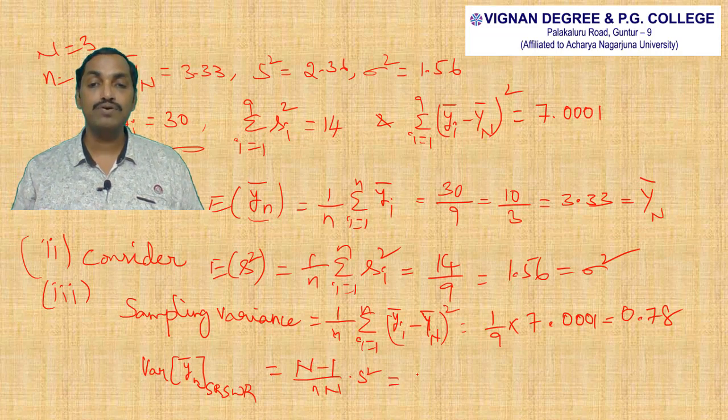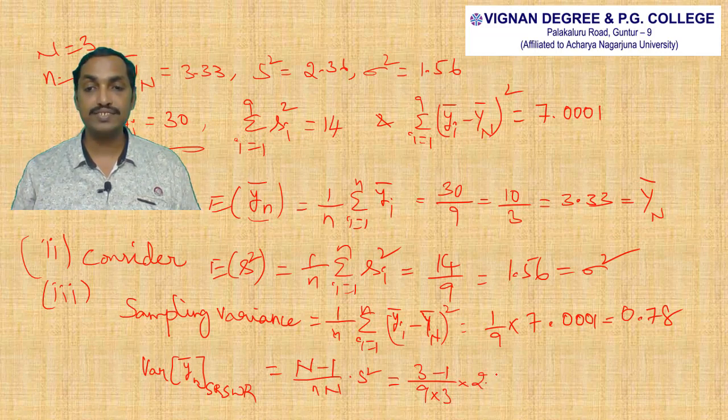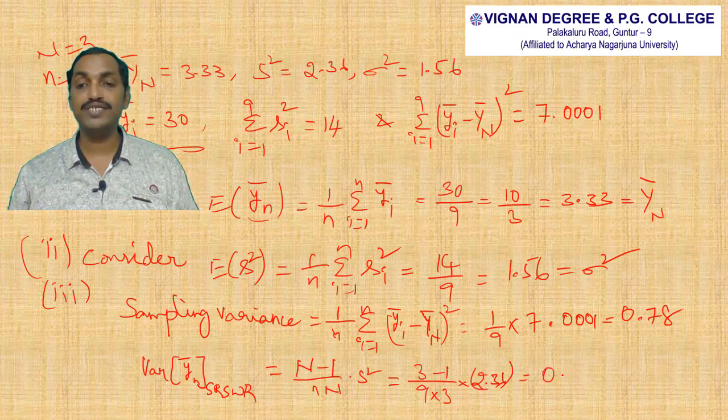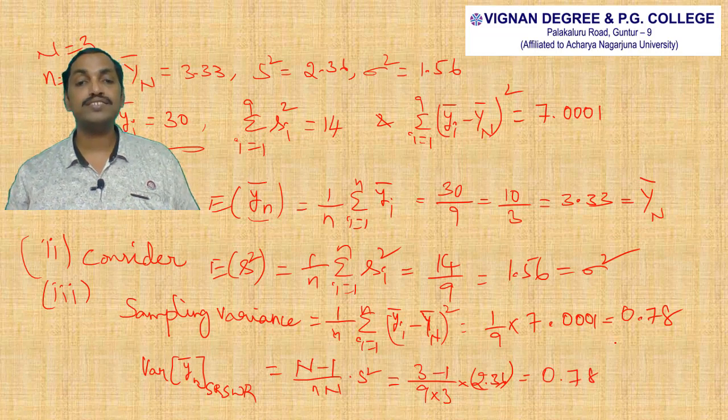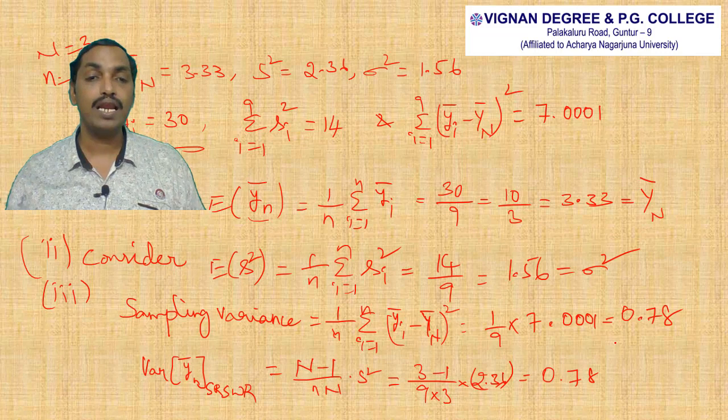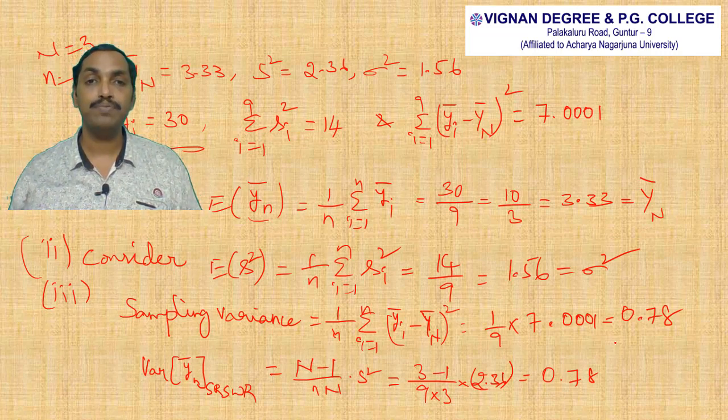That is equal to 3 minus 1 divided by 9 into 3 into capital S square, which is 2.36. On simplifying, this gives me the value 0.78. So the sampling variance is equal to the variance of sample mean in this particular problem.